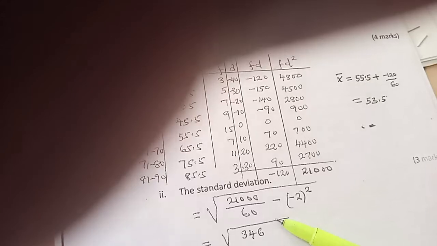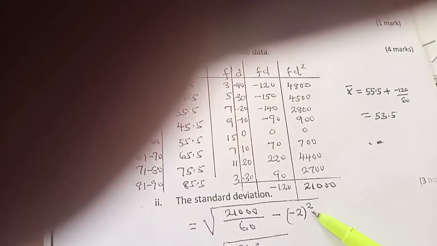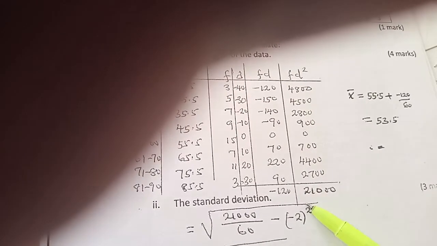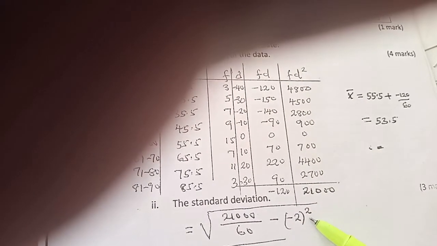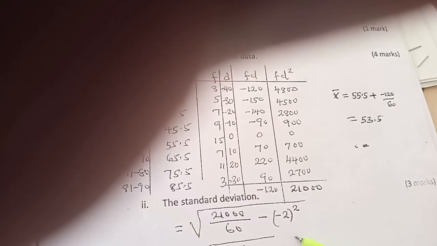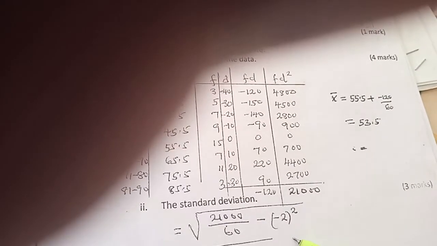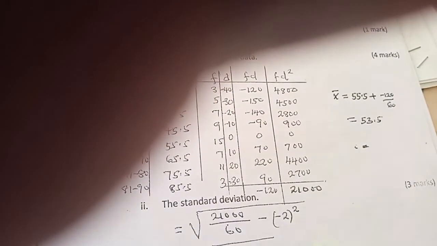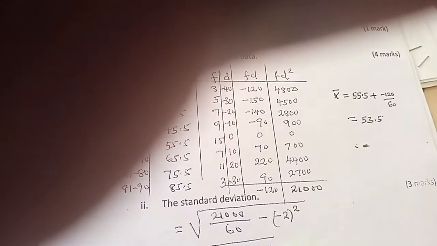And then we subtract the summation of fd over the summation of f, and we square the whole of that.